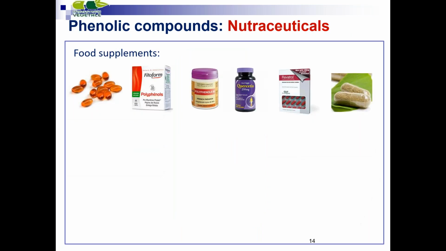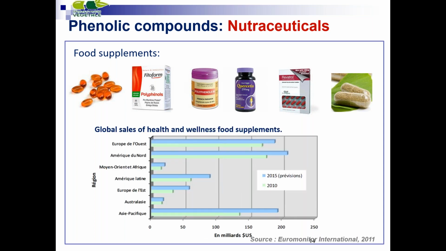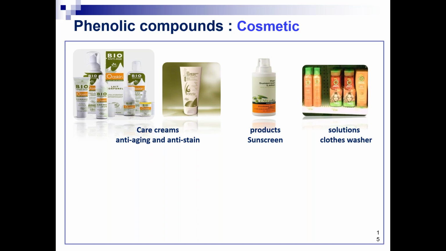For this, we are thinking about phenolics from olive byproduct, and we are using these compounds as nutraceuticals. As you can see here, all the medicinals are constituted by phenolic compounds such as quercetin, hydroxytyrosol, oleuropein, and others. And you can see the increasing use of natural compounds from olive oil products and other plants.